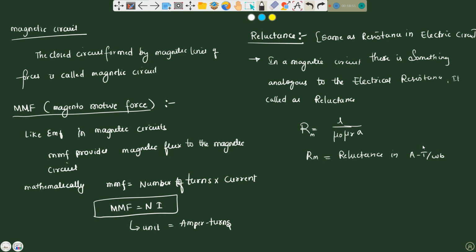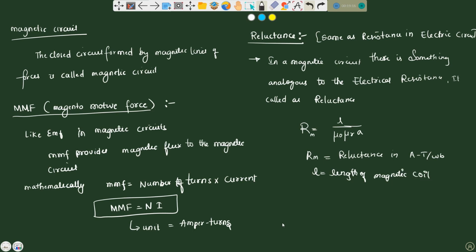Okay, so next we have L, the length of the magnetic coil.